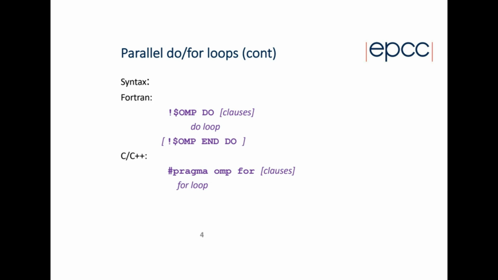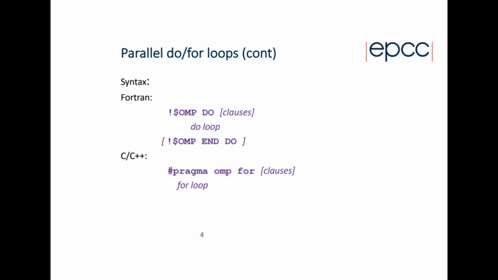Okay, so what does the syntax look like? For Fortran, it's $OMP do with some optional clauses, some of which we'll talk about in a bit, followed by the do loop. And then optionally, $OMP end do. The end do is not required because the compiler can perfectly well figure out where the loop ends.